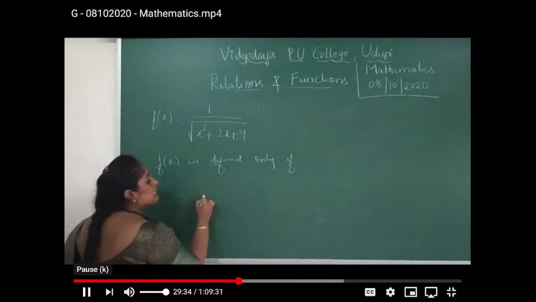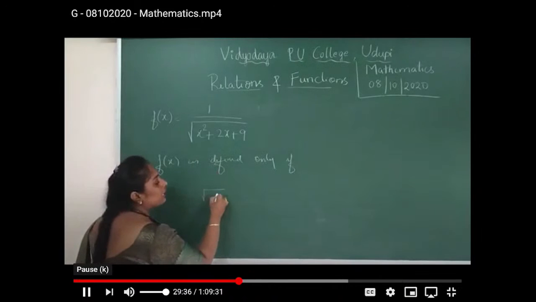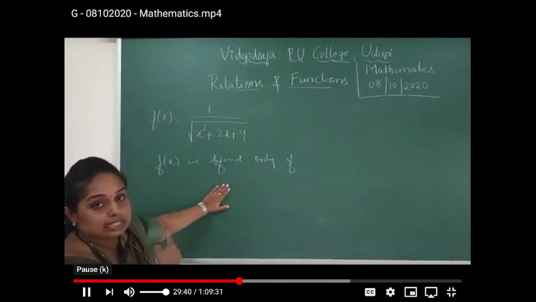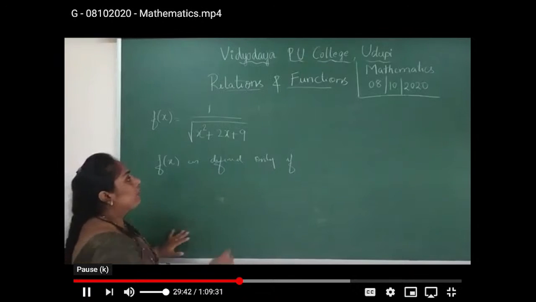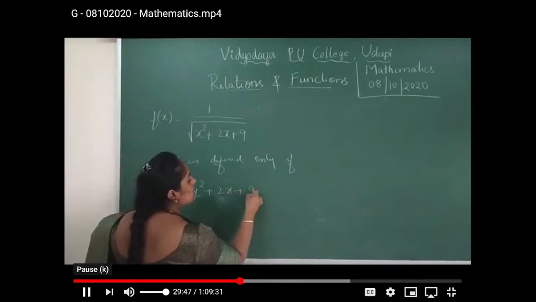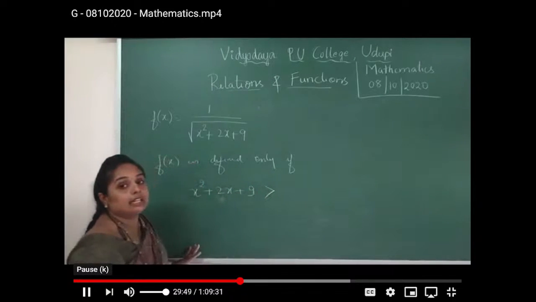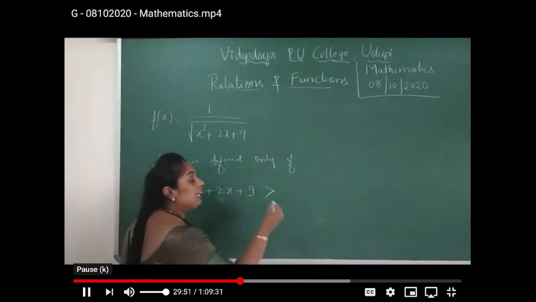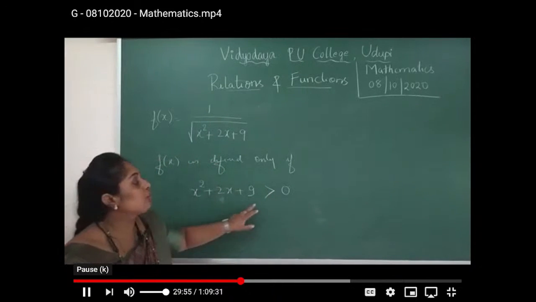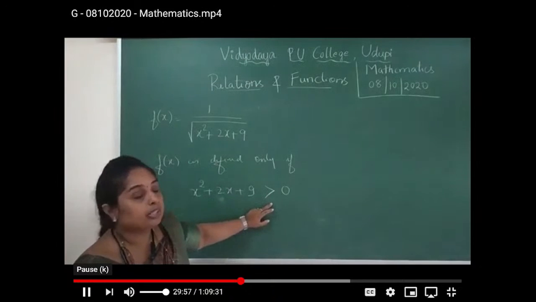And inside the square root, I should not get a negative value. Okay. So, in this case, f of x is defined only if x square plus 2x plus 9 is greater than, can I tell greater than or equal to, or only greater than 0? It should be greater than 0.